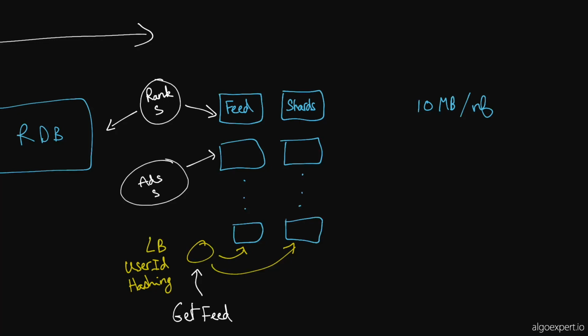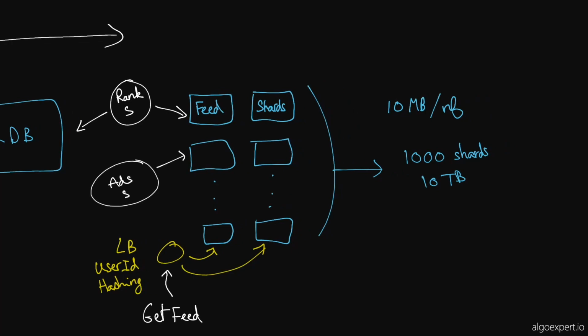Okay, so this whole thing here is a total of 1,000 machines or 1,000 shards that have 10 terabytes of storage each. And I guess the more I think about it, we said that we're dealing with a global audience, right? Yeah.